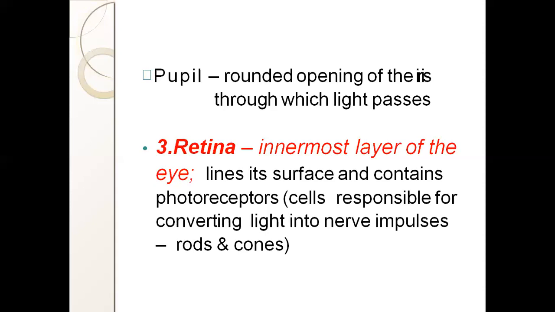In this there will be some photoreceptors which will be responsible for converting light into nerve impulses. When our eyes see the light, the retina will be responsible for converting the light into nerve impulses, and that will be rods and cones.